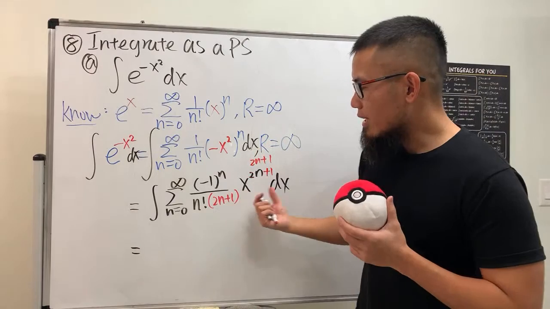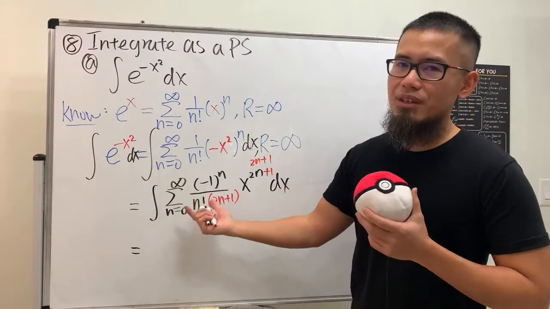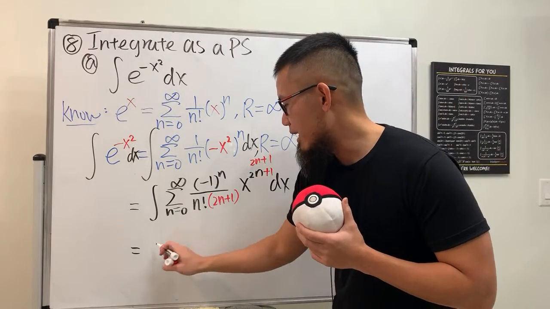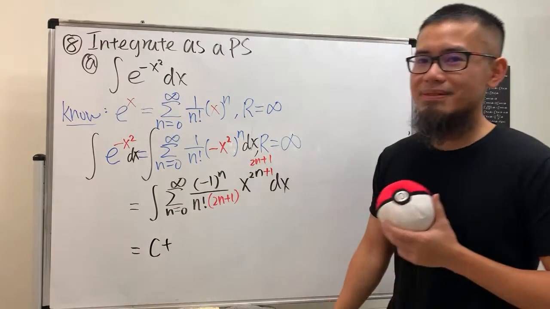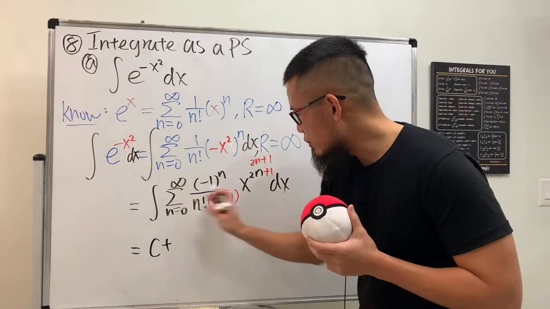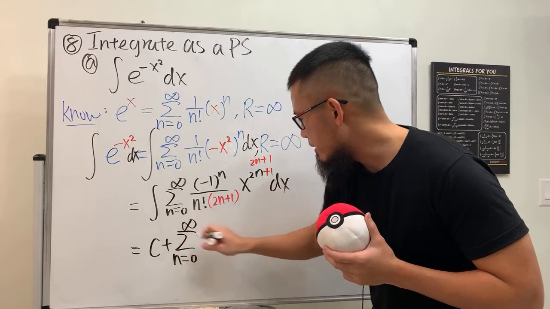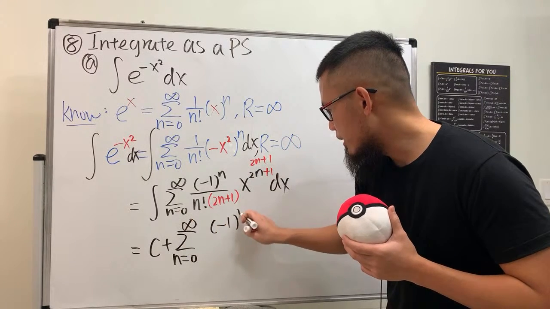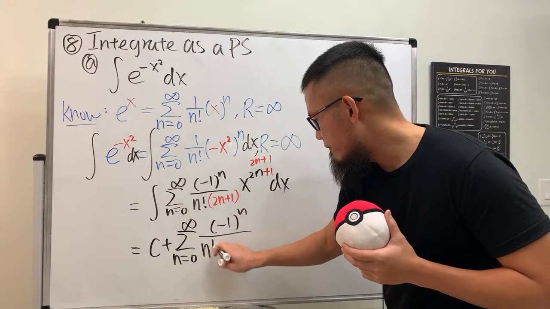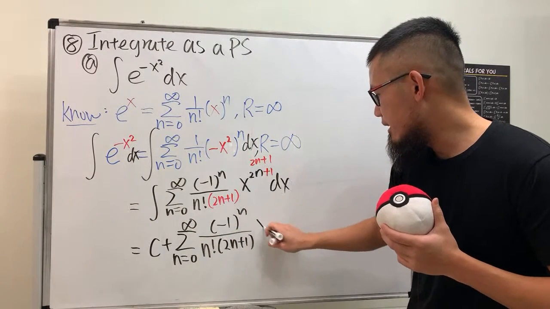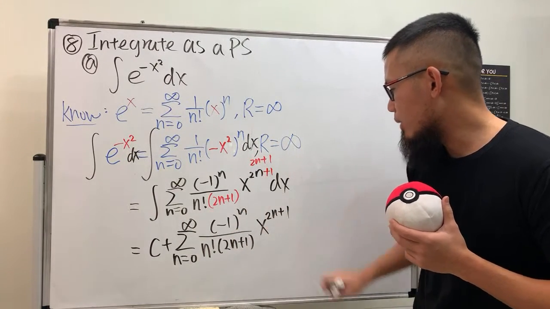But we don't like to put down the plus c at the very end after the sigma, so we write it as c plus the series, n goes from 0 to infinity, of negative 1 to the n over n factorial times 2n plus 1, times x to the 2n plus 1.